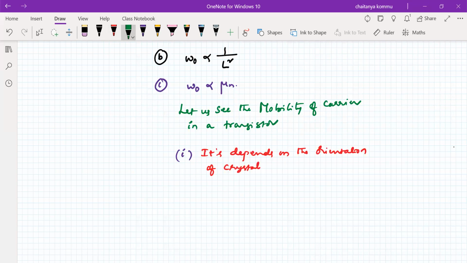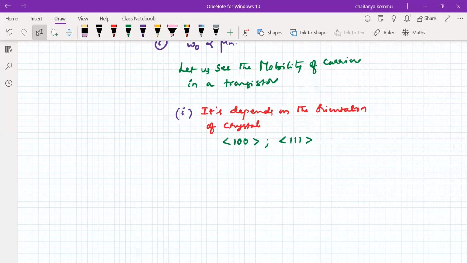There are two possibilities: normally people cut the wafer into these orientations only, 100 orientation or maybe 111 orientation. Therefore, the mobility of the carrier at the 100 surface is larger than at 111 orientation.